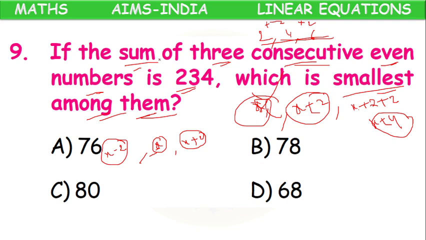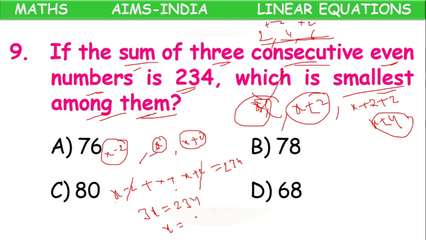Now the sum is 234, means x minus 2 plus x plus x plus 2, if we add, the sum is 234. So plus 2 minus 2 cancel, x plus x plus x, 3x equal to 234.